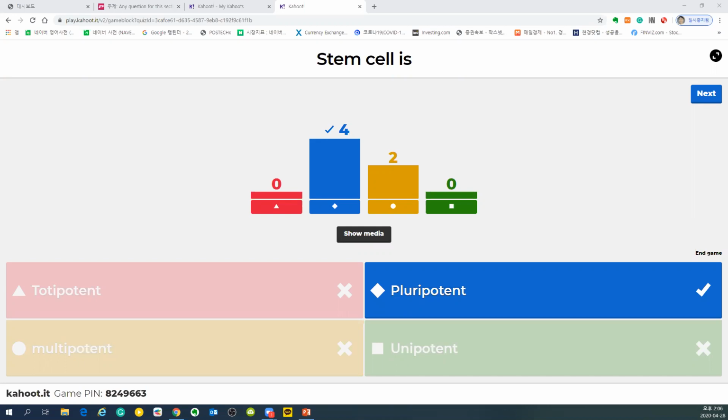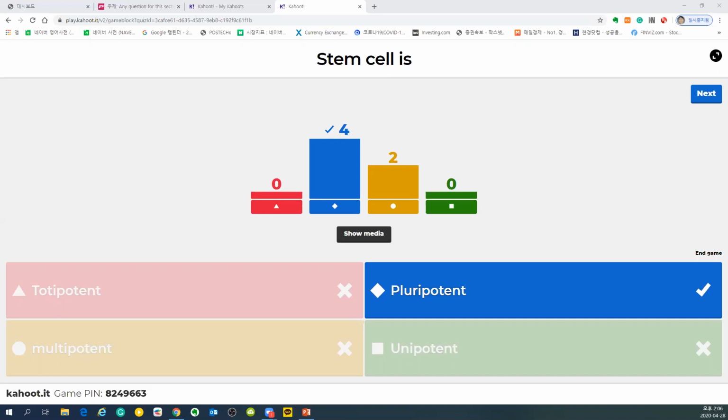I connected, but there seems to be some lag in Zoom. Okay, try again to go out and come back. But can you see the Kahoot? Can you continue to play Kahoot? Yes. Do you use a computer or your cell phone? I use my computer now. Then try again. Connect. Go out and then come back quickly.